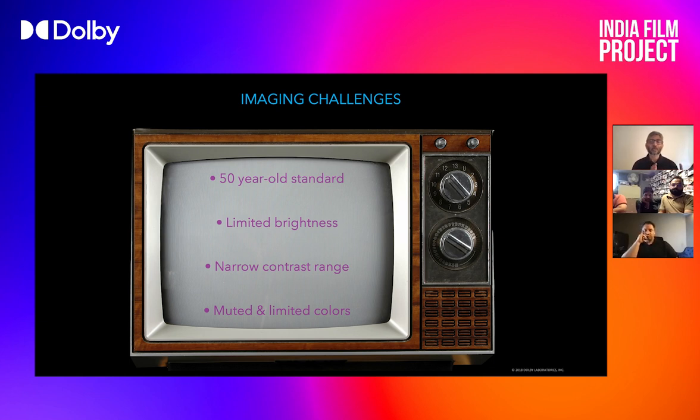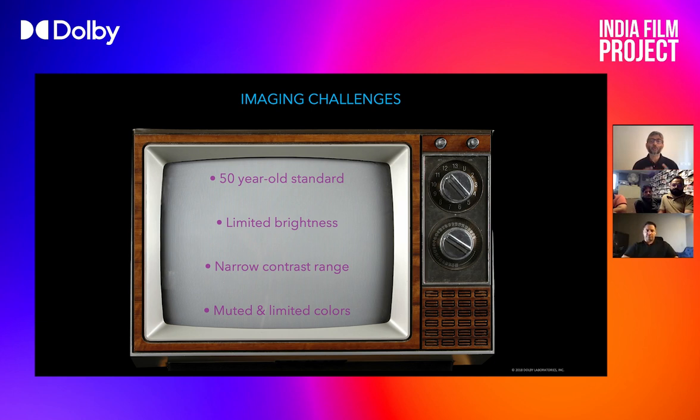It's a very old standard, based on the CRT television, a technology which doesn't exist today. Your CRT televisions really don't exist today, and that is why we can do away with the legacy and just move ahead.